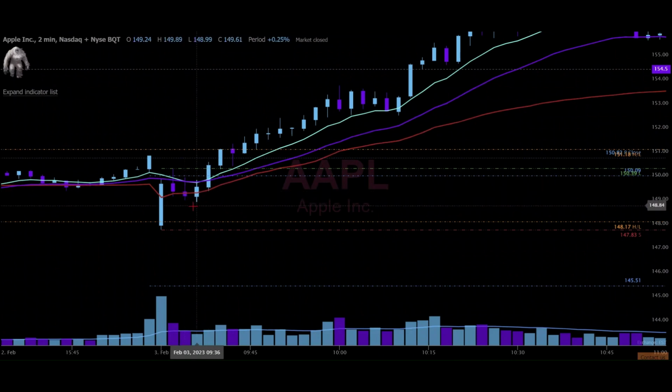I've said it previously, I have a problem with re-entering the same ticker right after exiting it. It's something I'm working on, but we came back, tested VWAP, broke through it, opened below, but we came back over. Our EMAs came down, touched each other, and we started to push.